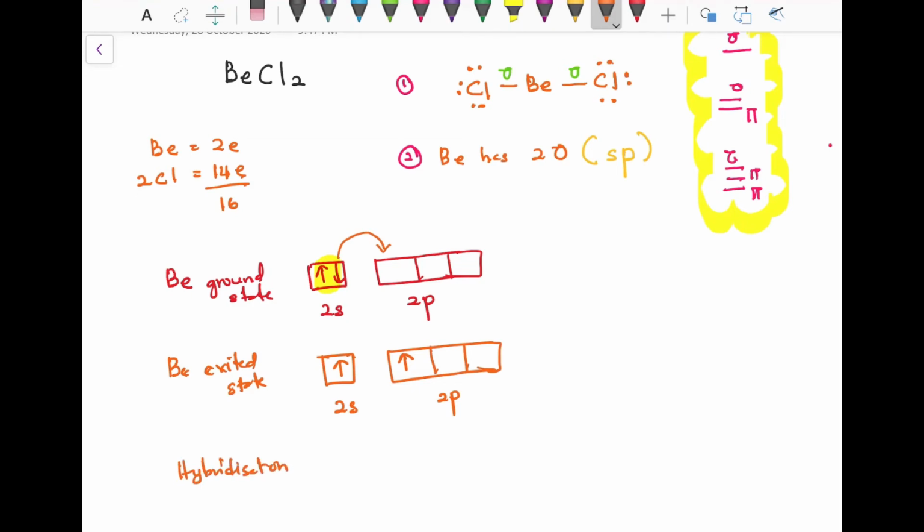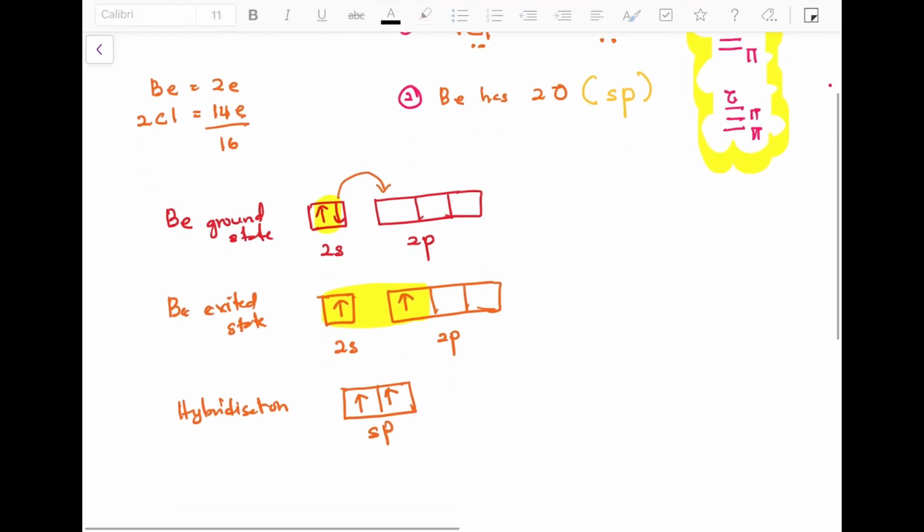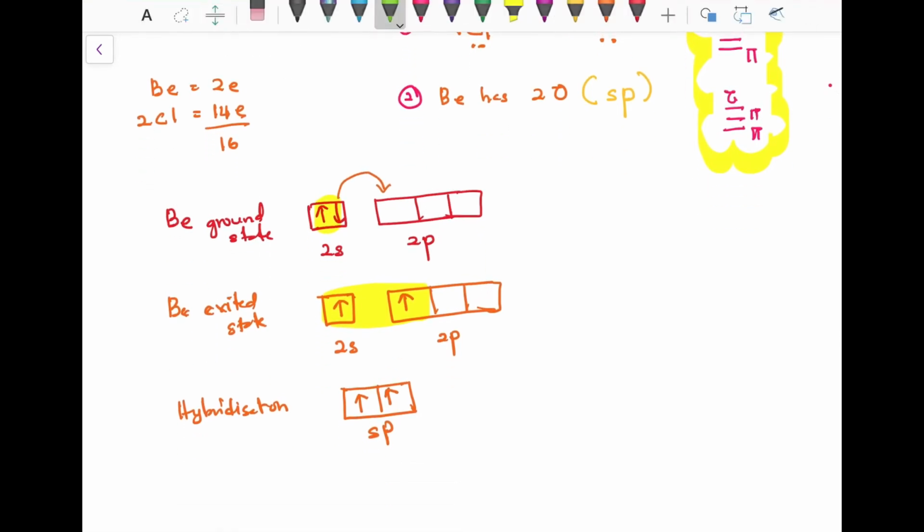We blend these 2 together and they become a new set of orbitals with the same energy level, which is sp, each occupying 1 electron. Right? So this step is very important for the central atom.